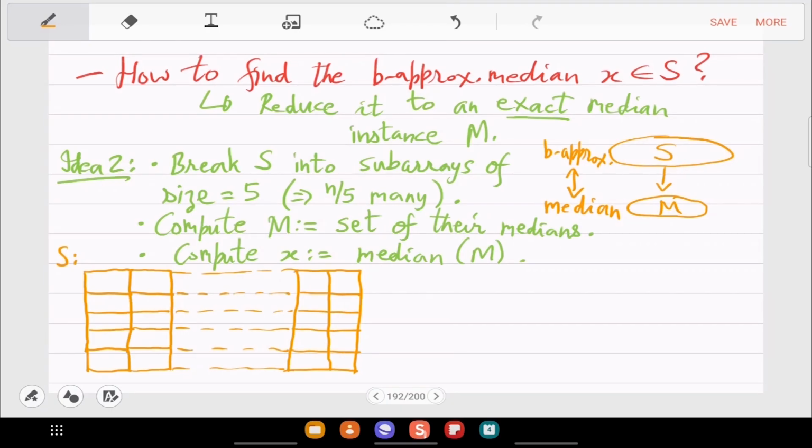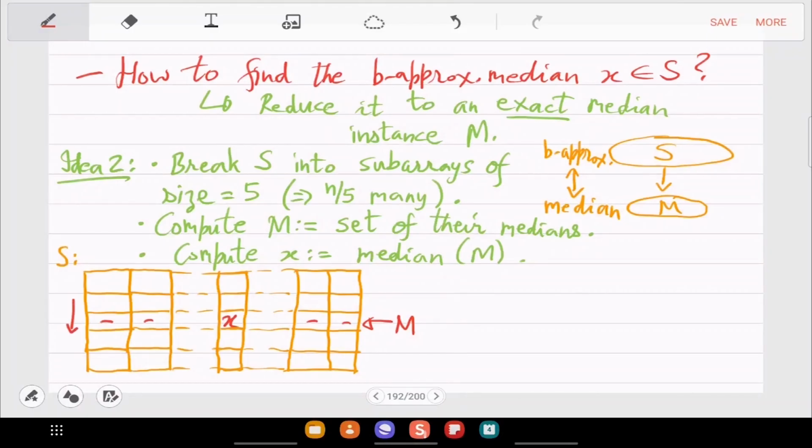And somewhere here sits your x. Okay, and these are the medians. And this is sorted, increasing order.